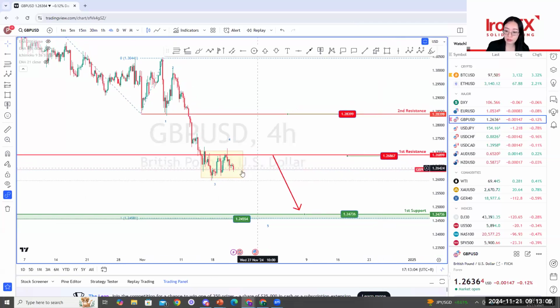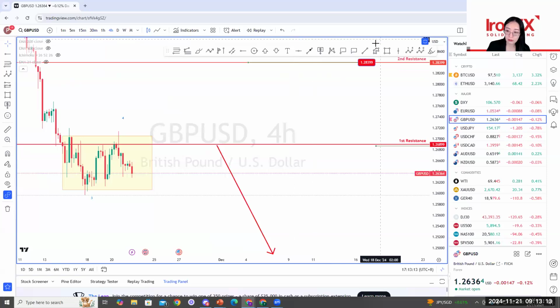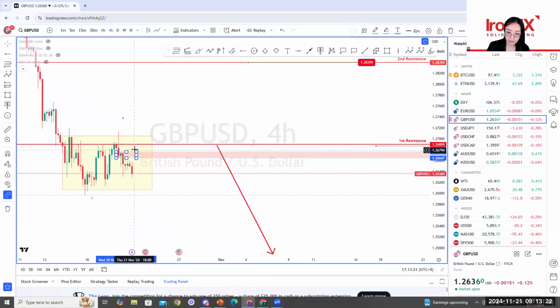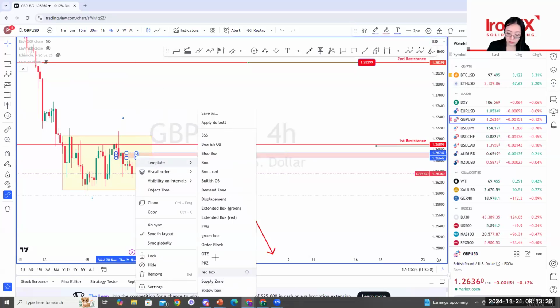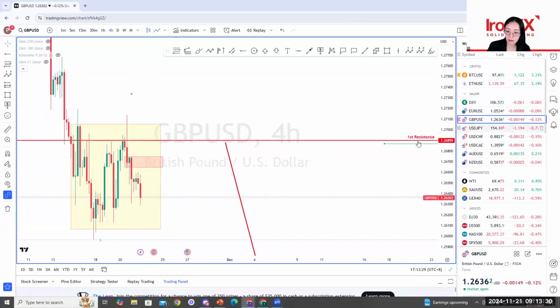All right, so now it's just ranging, so you can wait. Either you want to sell. Do you have any sell order? If not, you can wait to sell here for the supply zone. This zone, if price pulls back up around this zone, I will give you the price.